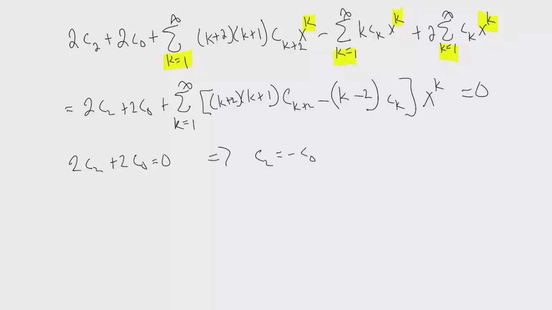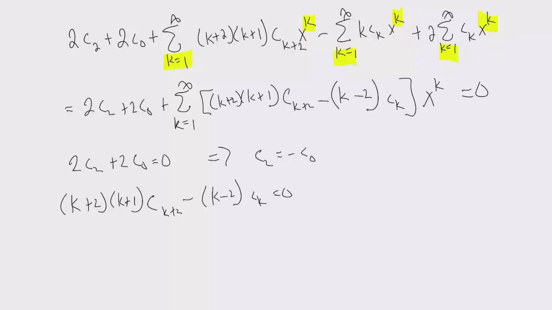And then what else do we know? We know k plus 2 times k plus 1 c sub k plus 2 minus k minus 2 of c sub k has to equal 0.